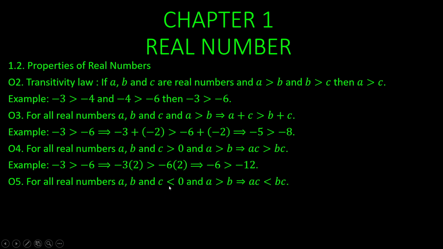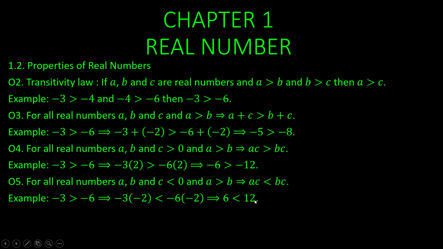For all real numbers a, b, and c, if c is negative, that means less than 0, and if we multiply both sides of the inequality a is greater than b by the negative number c, then the sign of the inequality will be changed. That means here the greater than sign will be the less than sign.